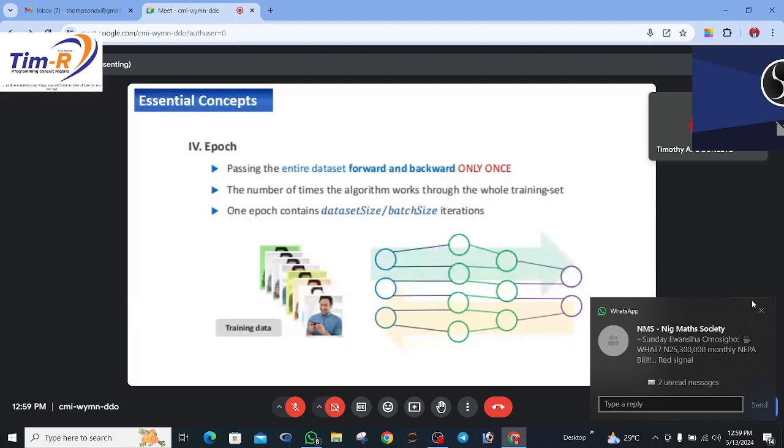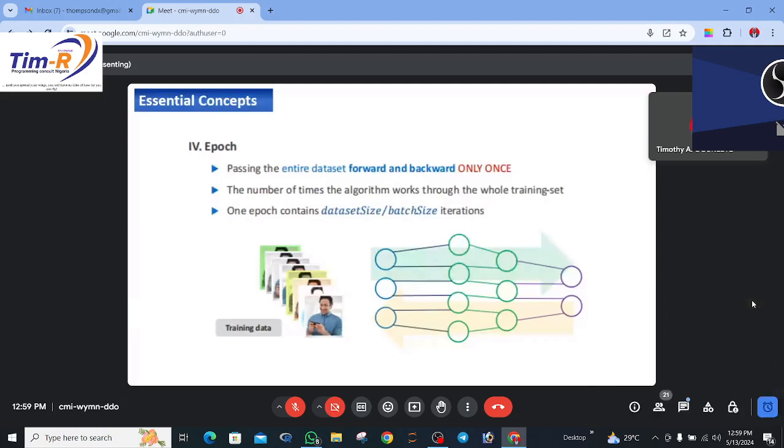I could not touch or do anything on the system. So that's that about the epoch. The epoch size is just the number of times the data set should pass through the architecture for it to be able to learn better.